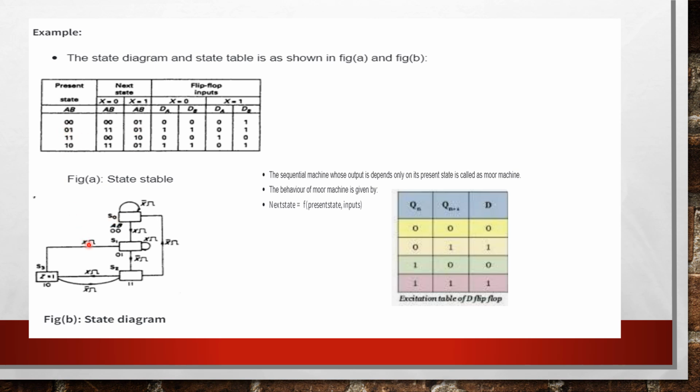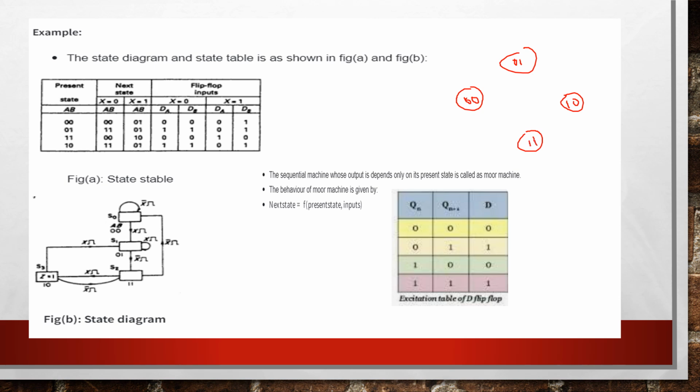From this we can obtain the state diagram. We know that from this state, when the input is 0, it goes to this state. First we have to draw the four different states: 00, 01, 10, 11.